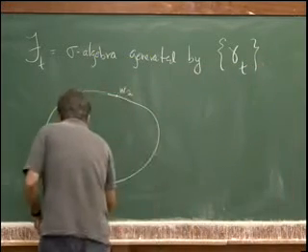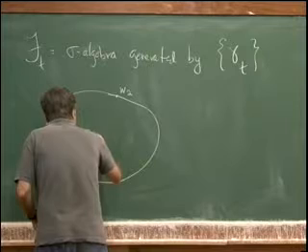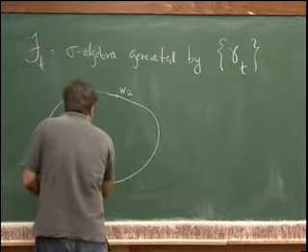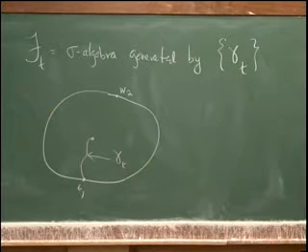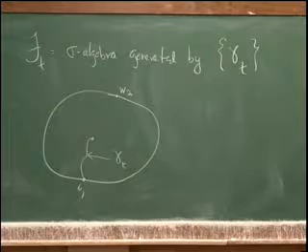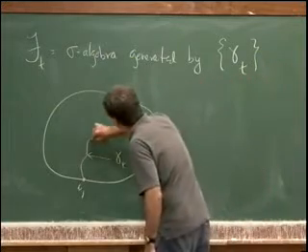So there's gamma_t. There's the rest of my curve.